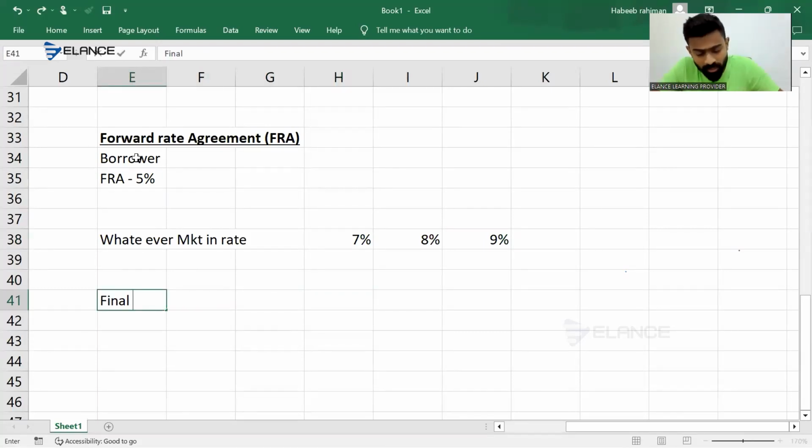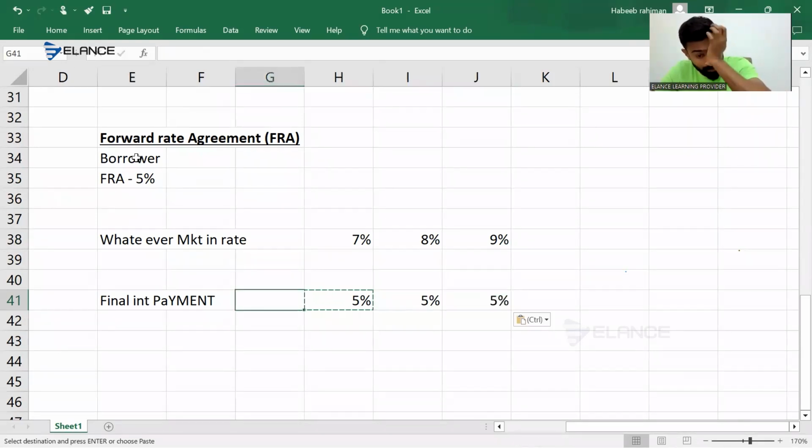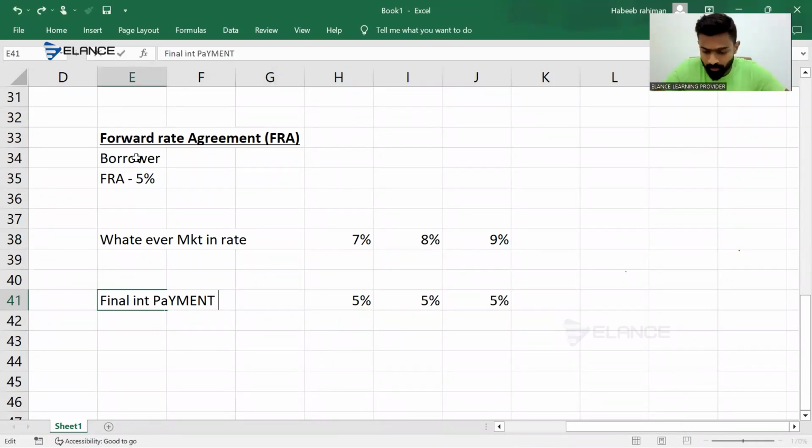Since it's a lock-in rate, your final interest payment will be locked at 5%, locked at FRA.